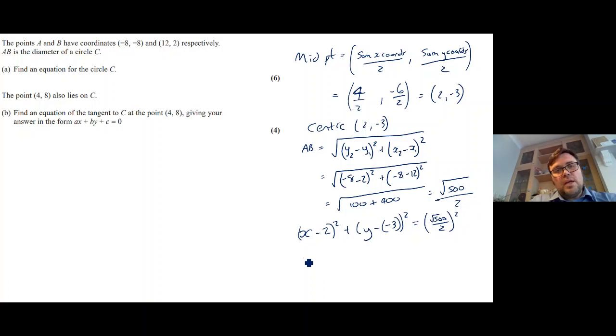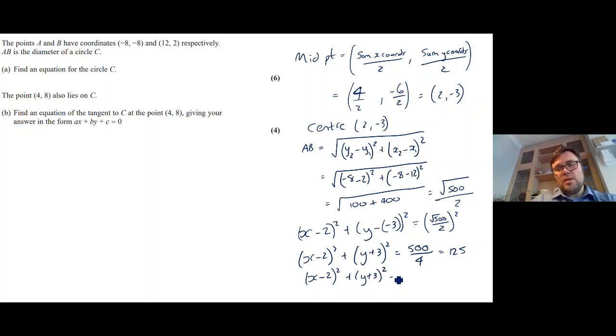So then it would be x minus 2 all squared plus y plus 3 all squared equals 500 over 4, which is the same as 125. It hasn't specifically asked me to write it by expanding out, so I'm not going to waste time. I'm just going to leave it as x minus 2 squared plus y plus 3 all squared equals 125. That's my equation of the circle.